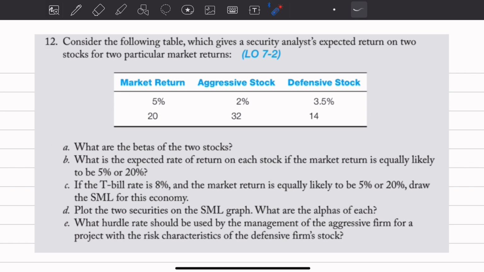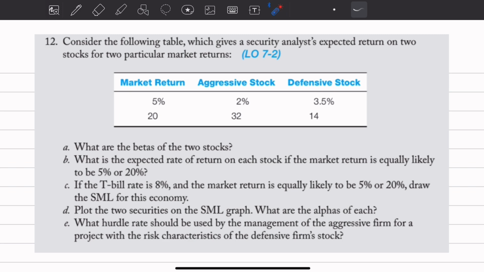A, what are the betas of the two stocks? Now, in order for us to figure out the beta, we already know from our understanding that beta represents the correlation coefficient of a particular stock with the expected return of the market, or a portfolio that is representative of the market.